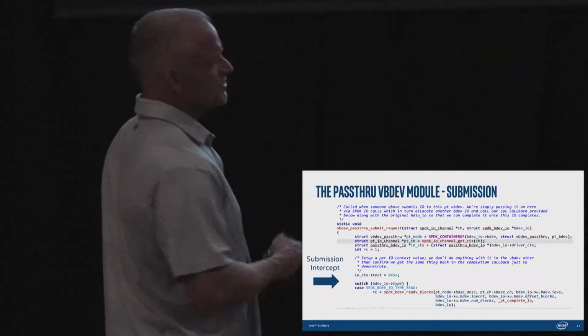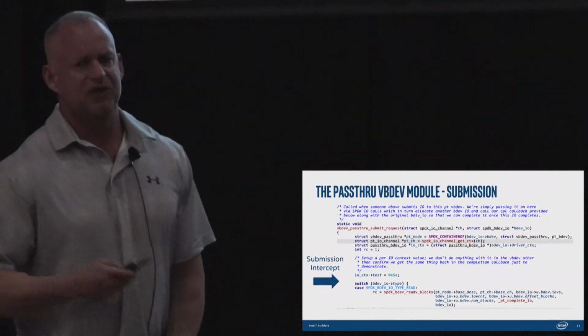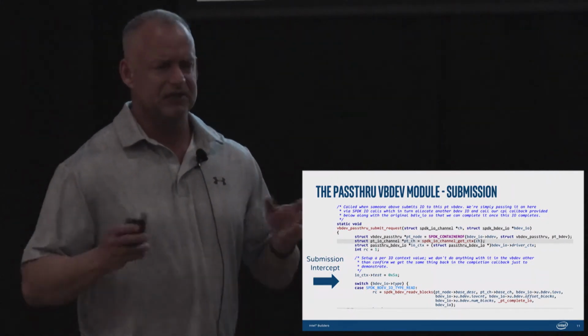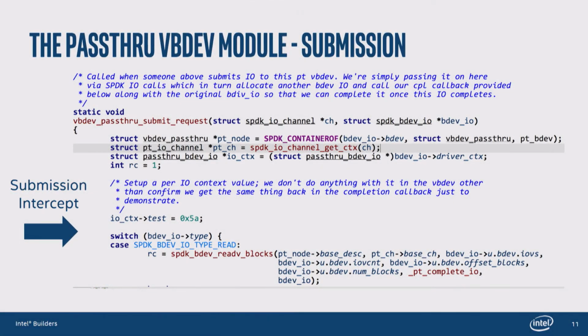Since this is a pass-through module, we're not going to do anything with the IO. I'm just going to, quote unquote, intercept it and pass it on. And this is where I said we don't actually pass it on. If you've played around with any of these APIs, you know that this is calling the top end of the block device abstraction layer and saying, I want to send an IO. All of these parameters that I'm passing in are based on the BDEV IO that was just given to me.